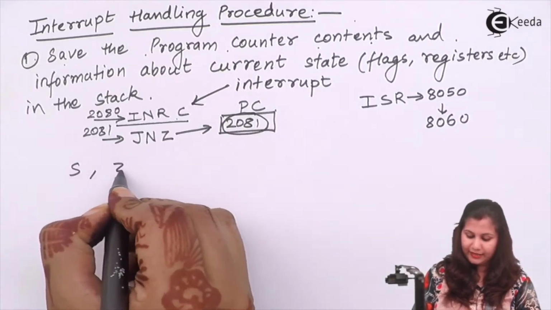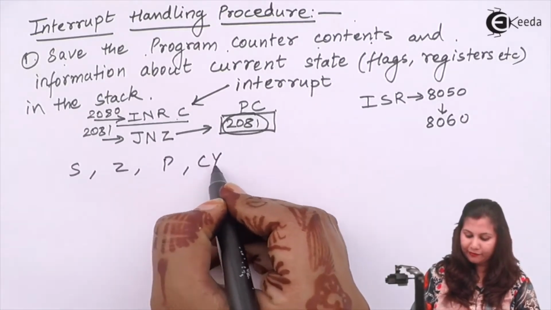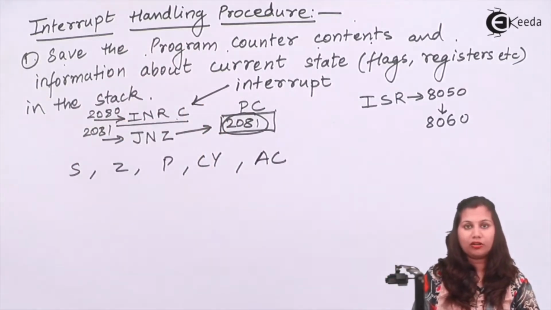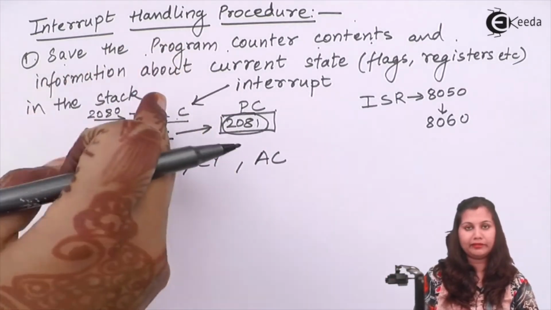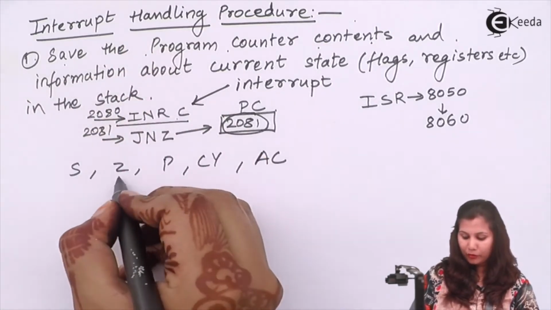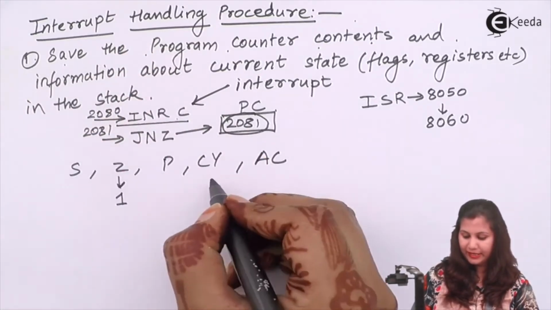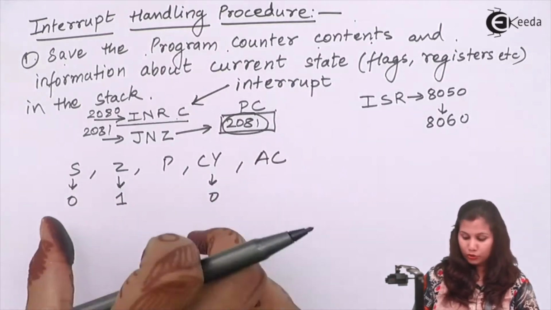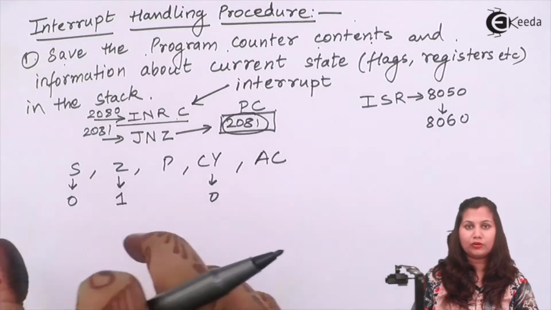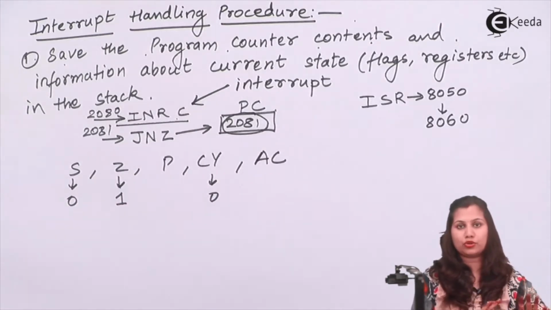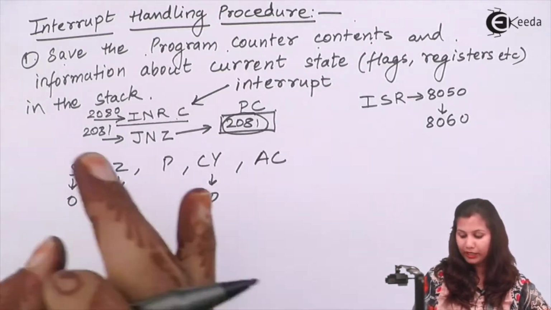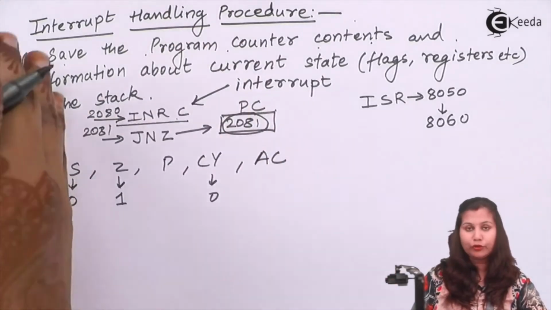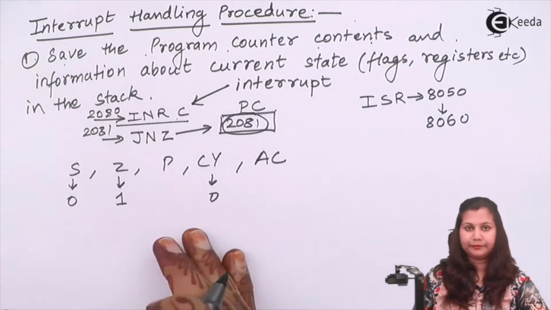There we have sign, zero, parity, carry flag, auxiliary carry. Suppose an arithmetic or logical operation was already performed in the program, and suppose the zero flag is set, carry flag is zero and sign flag is zero. The microprocessor has to store the condition of the flags somewhere, so that it knows these were the flag statuses and it can resume its work again.